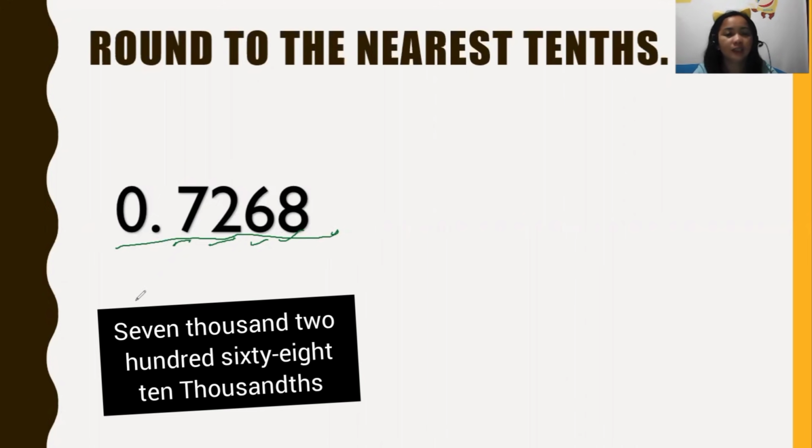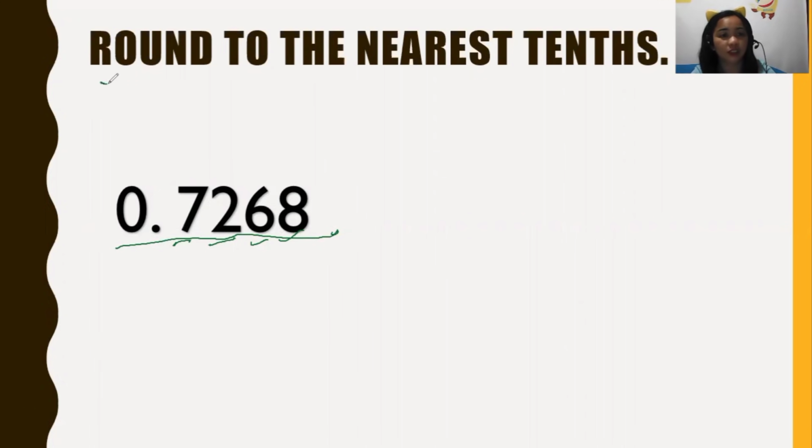Again, this is 7,268 10,000ths. And the direction tells us to round to the nearest tenths. Alin ba ang tenths natin dito? Now, the place value of 7 is the tenths. So, ibig sabihin, dito natin siya i-round.